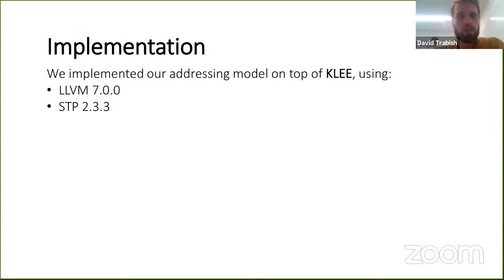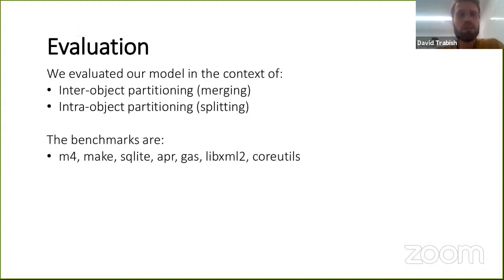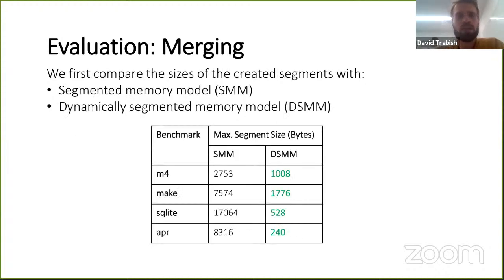We implemented our approach using KLEE, which uses LLVM and STP as an SMT solver. In the evaluation, we evaluated our model in the context of merging and splitting with several benchmarks. In the evaluation of the merging approach, the main goal is to compare the original segmented model, SMM, with our dynamically segmented model, DSMM.